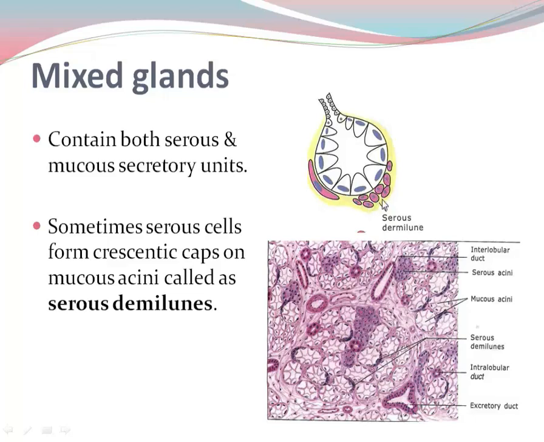So these are called the serous demilunes. Now in the color photograph we'll try to locate the serous demilunes. This dark portion here on the side of all these acini, in every acinus you will find some dark portion. So we will call this a mixed gland because it shows mucus gland as well as serous gland together.